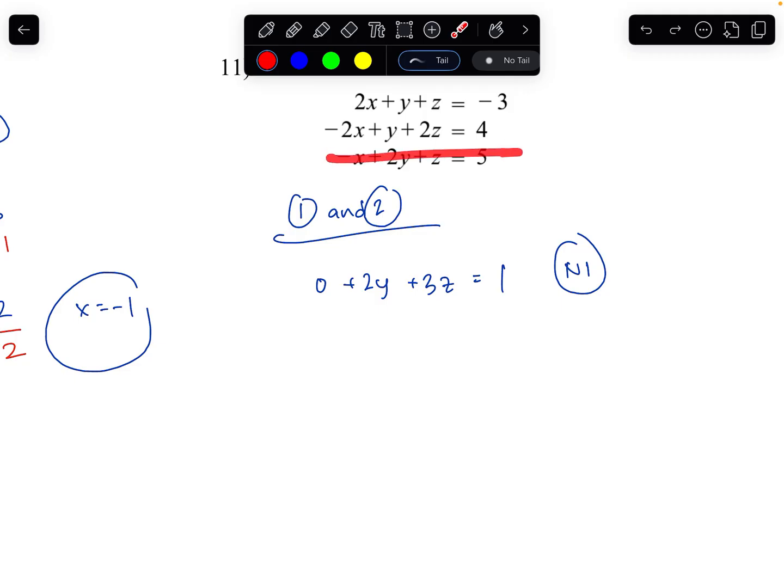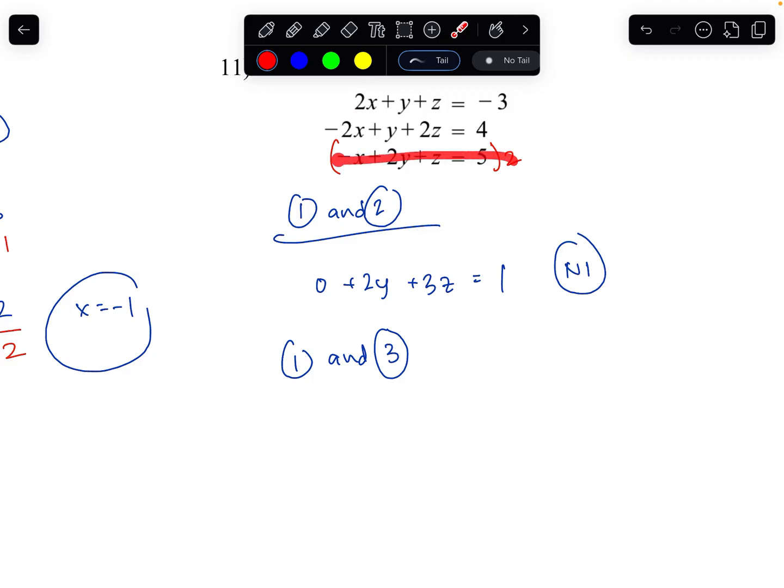So I think I'm going to pick 1 and 3. Now the thing about 1 and 3 though is that when I add them, again, I have to commit to getting rid of x because that's what I got rid of here. But when I add these two together, 1 and 3, I'm not going to get rid of x because this is 2 and this is negative x, so that won't get rid of them. Meaning, I have to multiply this equation by 2 in order to get this to be negative 2x, then it will do that.